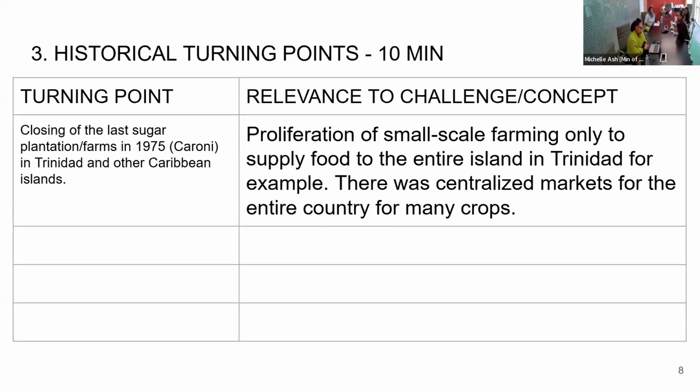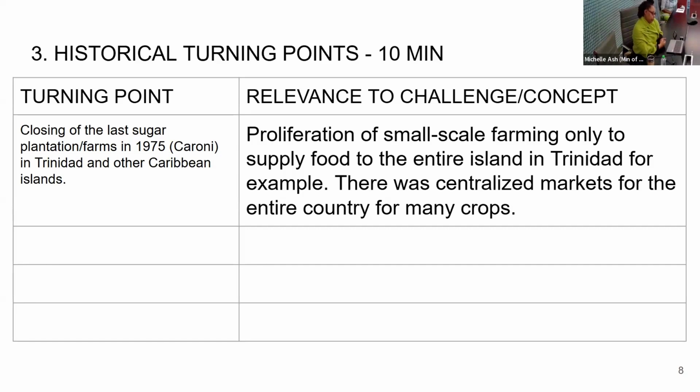And our historical turning point. In the 70s, particularly in our country, we had the shutting down of our last set of plantations. These plantations were very central to our food and nutrition security for the entire country, because we had a lot of large-scale farming going on at the time.